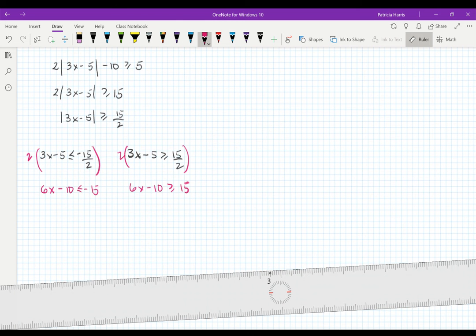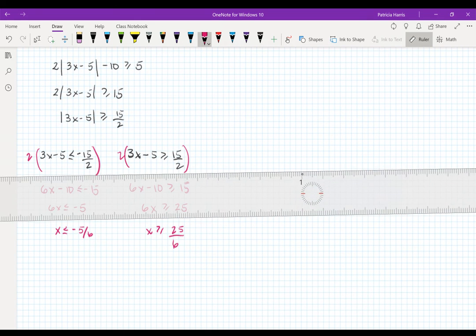That makes it a little bit easier. So we're going to add our 10 to both sides, and we're going to divide by 6. Again, we still get our fractional answer, but since we cleared up that 2 at the beginning, it makes it a little bit easier.